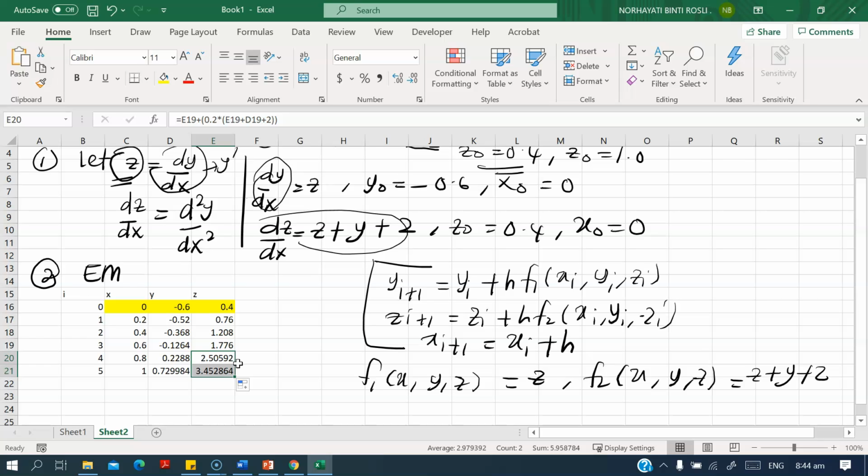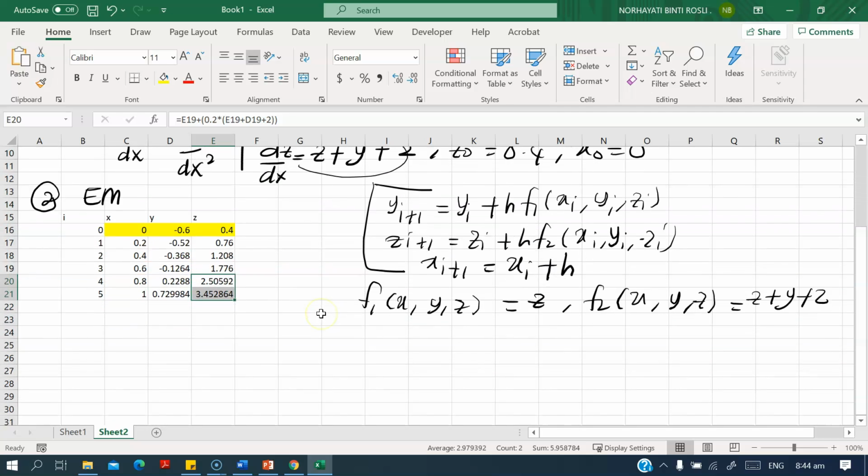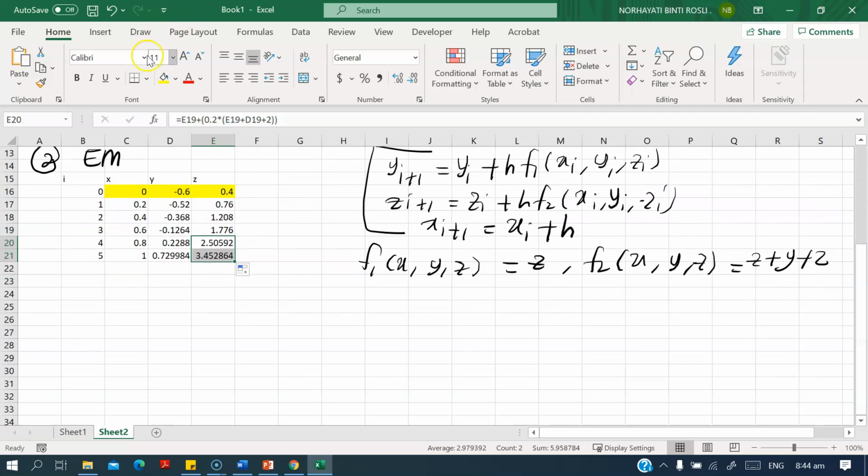If you see here, our y5, which is given in the question, is equal to 1.0.